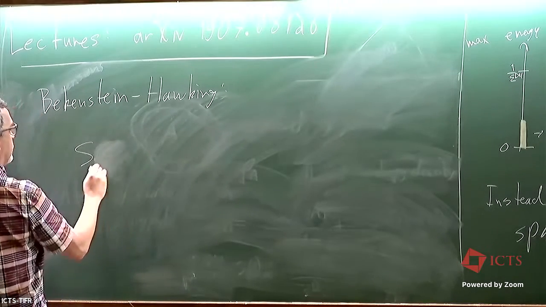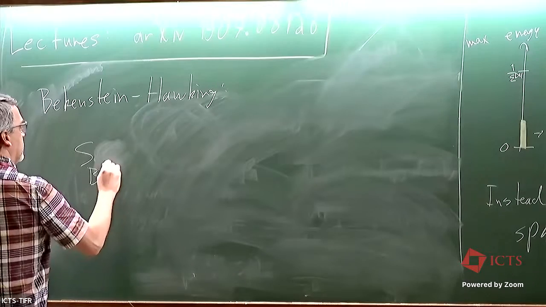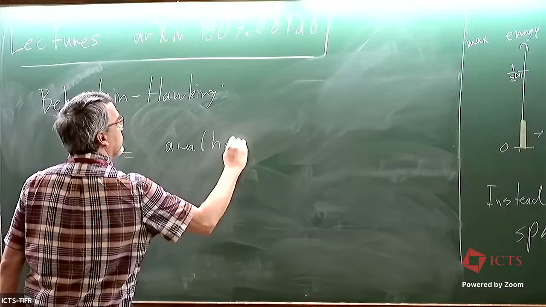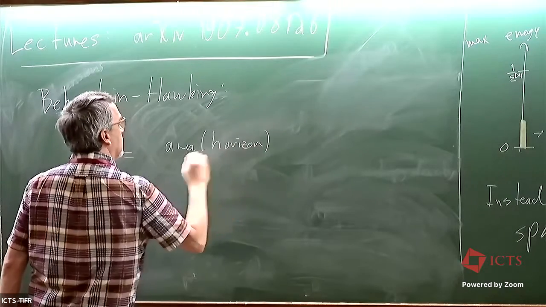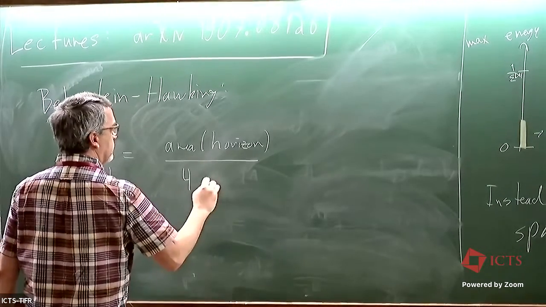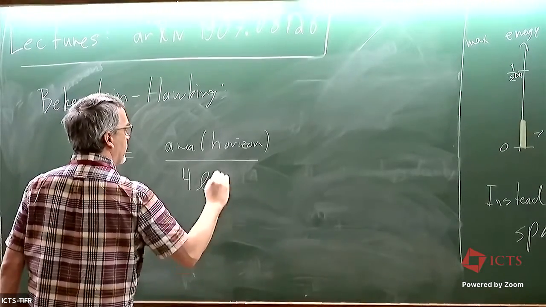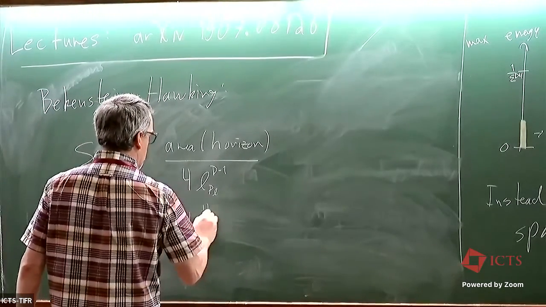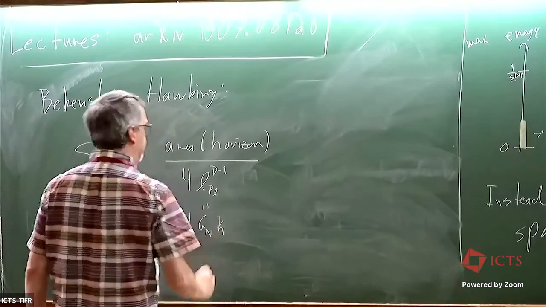I can't write S without writing A. So anyway, S of a black hole is the area of the horizon in Planck units. So this is A over 4 L Planck to the D minus 1, which is equal to 4 G Newton h bar.